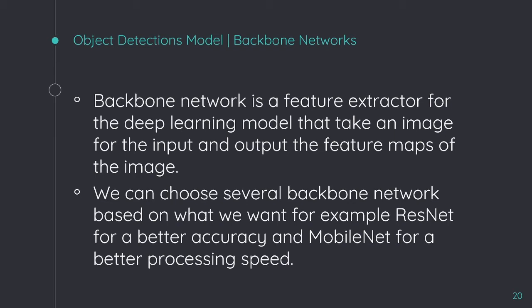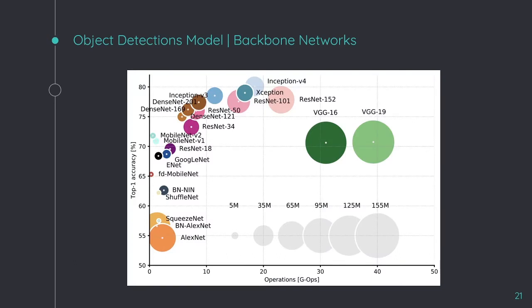We can choose several backbone networks based on what we really need, either better accuracy, like using ResNet, or better processing speed, like MobileNet. This is a graphic that gives some examples of the backbone network that we can use. There is a trade-off between the accuracy and the speed of the backbone network.